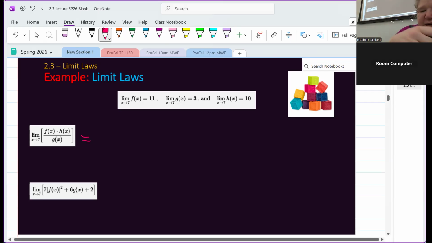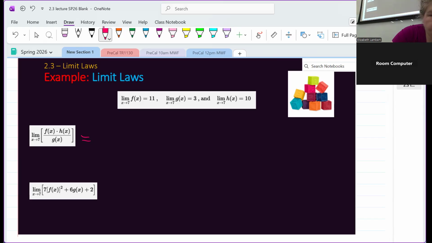That's what the previous long block just told us, that I can split this so it's the limit of the top of the fraction divided by the limit of the bottom of the fraction. The bottom of the fraction was g of x. The top of the fraction is still a little complicated. It's f of x times h of x.